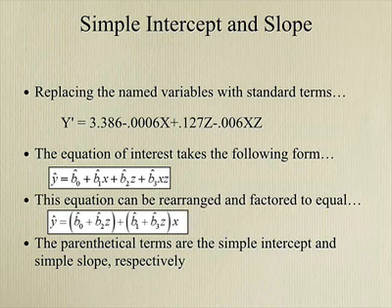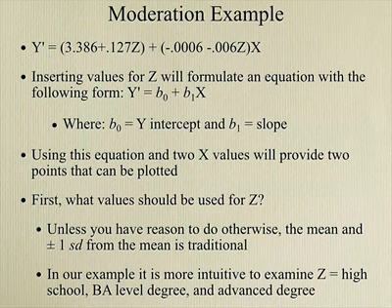Do that for several levels of the moderating variable, and we'll be able to plot out our variables of interest. So in our case, we can simply do the same thing with our equation.